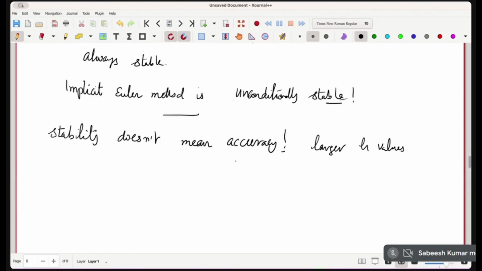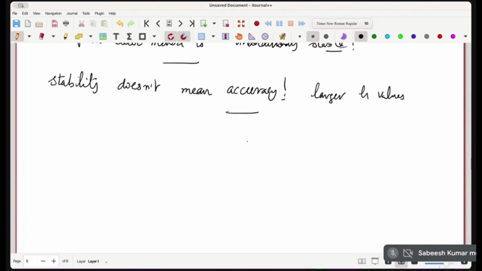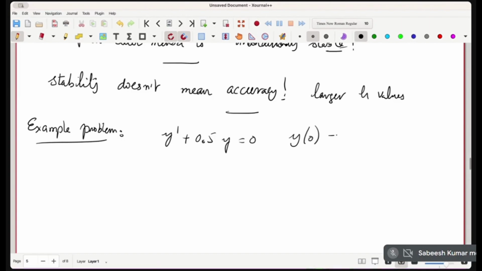So let us try to look at this thing with the same example problem we have done before for the explicit Euler. So let us look at an example problem, and let us try to take pretty much the same values. So we have y prime plus 0.5y equals 0, and then we say that y value at t equals 0 equals 1, and we want to take time going from 0 to 20.